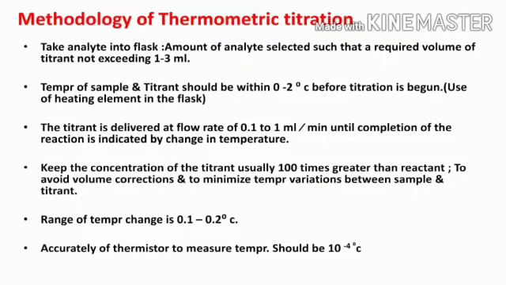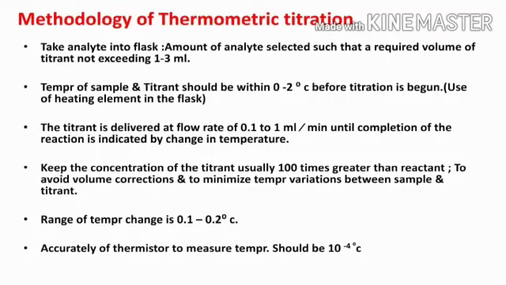Later on, start adding the titrant from the burette at a flow rate of 0.1 to 1 milliliter per minute until the completion of the reaction is indicated by a change in temperature. We have to keep the titrant usually 100 times more concentrated than the reactants to avoid volume correction and to minimize the temperature variation between the sample and titrant.